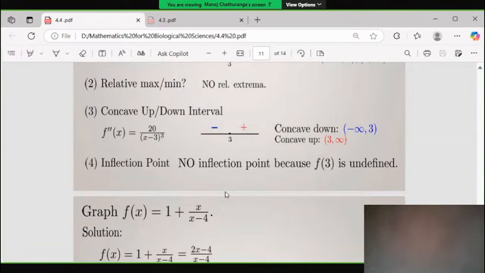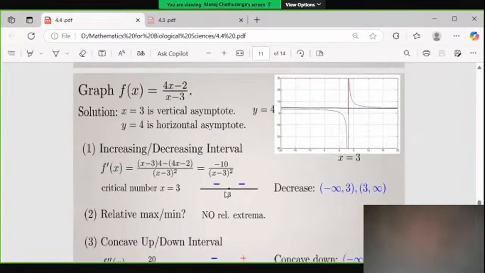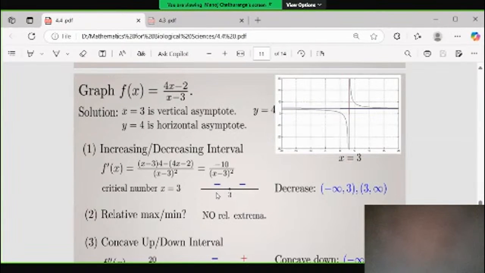We talked about all these and have a very powerful tool, derivatives. By looking at the derivative and the second derivative, we can tell a lot about functions. And today we add one more tool in the toolkit, horizontal and vertical asymptotes.